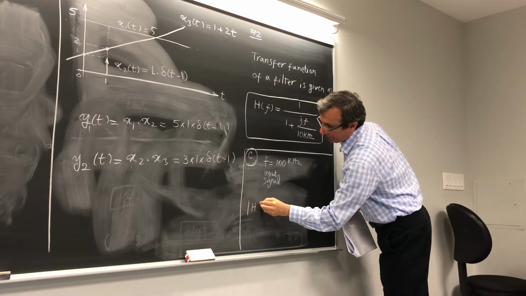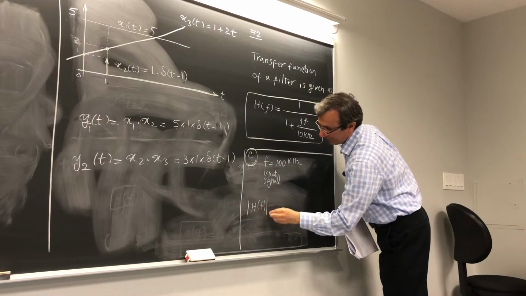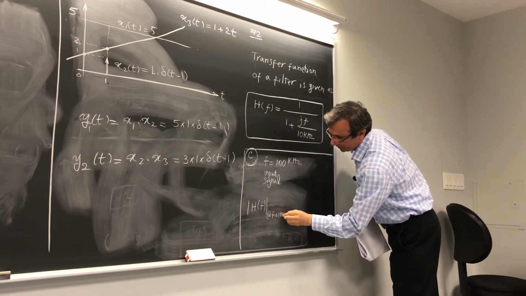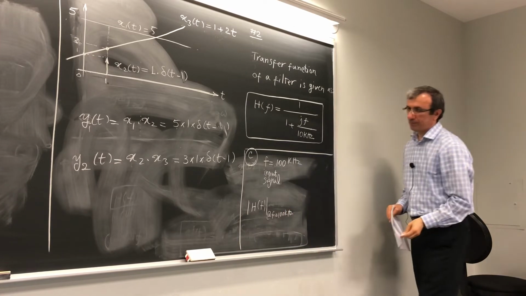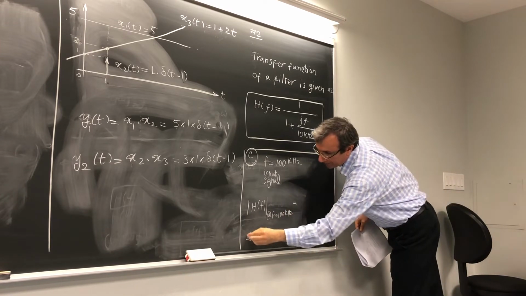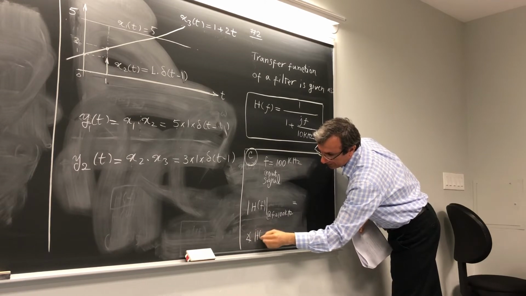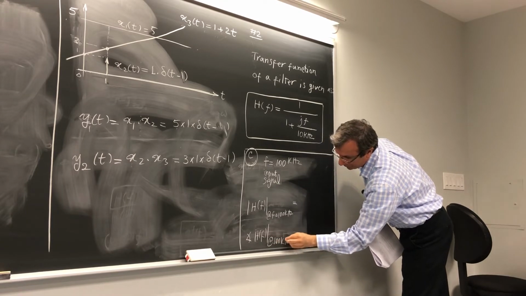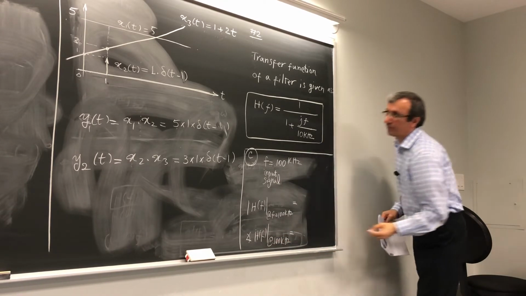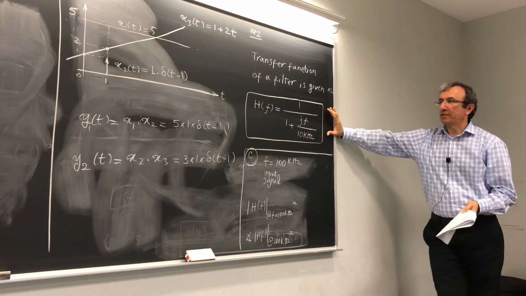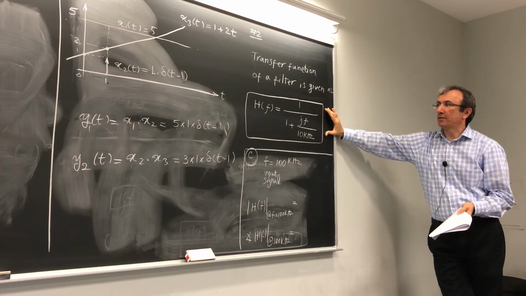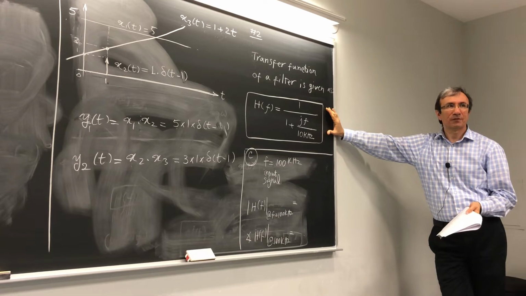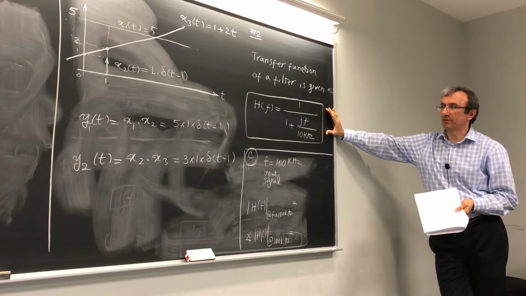You may calculate h of f, the magnitude, at f equals 100k. And the phase, again, at the same frequency. If this is the function, then how do we calculate the magnitude of the function? If this is a complex function, which evidently it is.